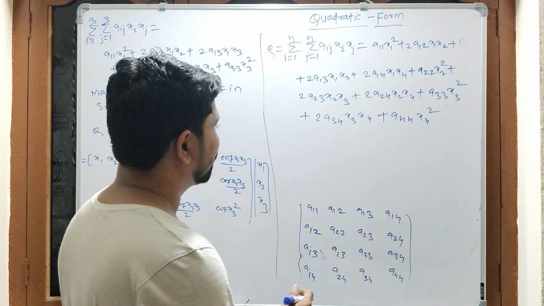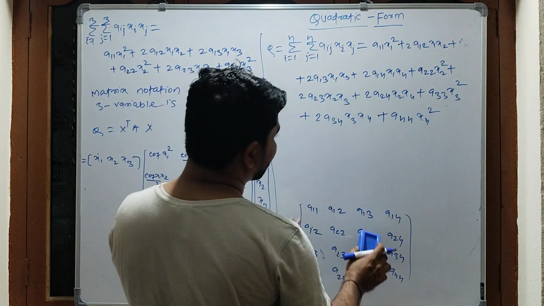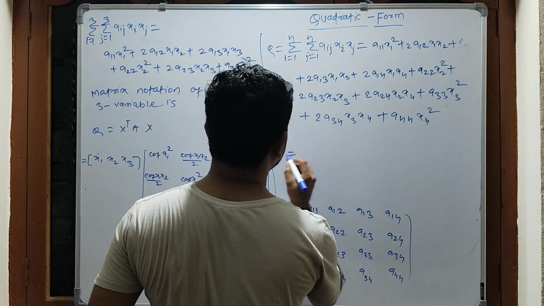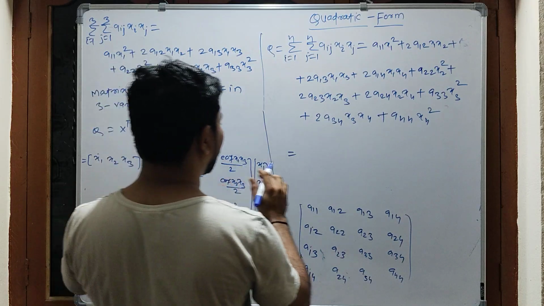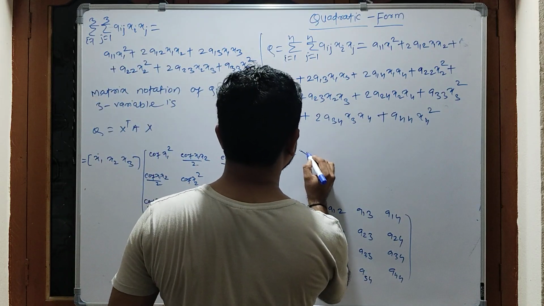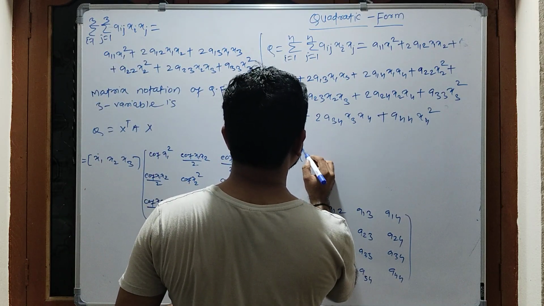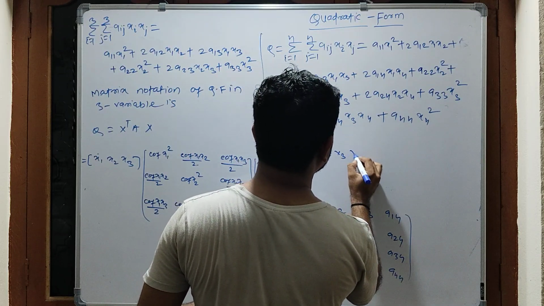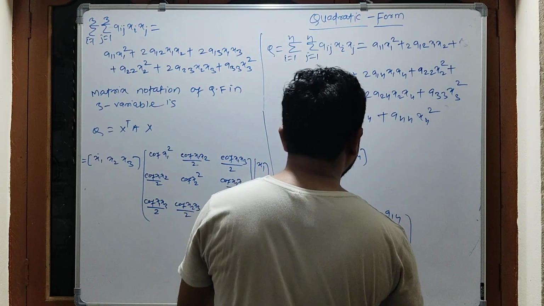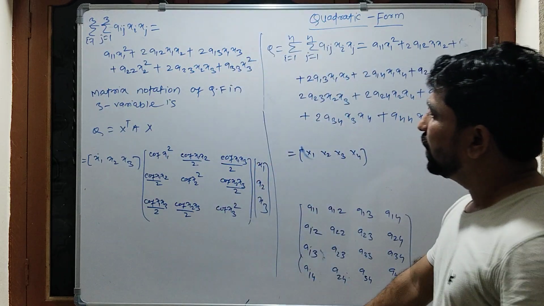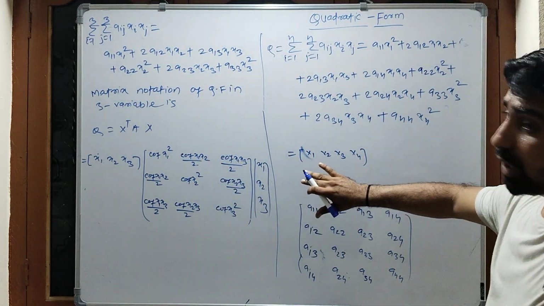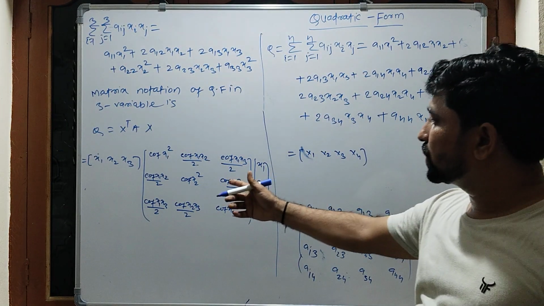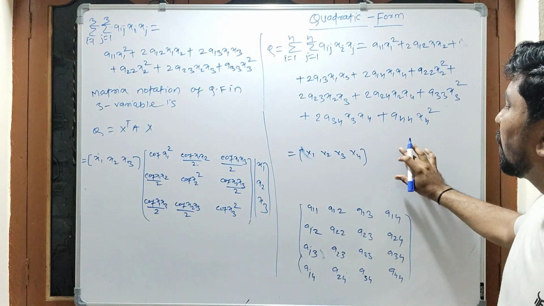So how will you get the same answer? Here you can write x transpose x, x transpose x1 x2 x3 and x4, which is equal to this. I will extend this for a 4 cross 4 matrix.